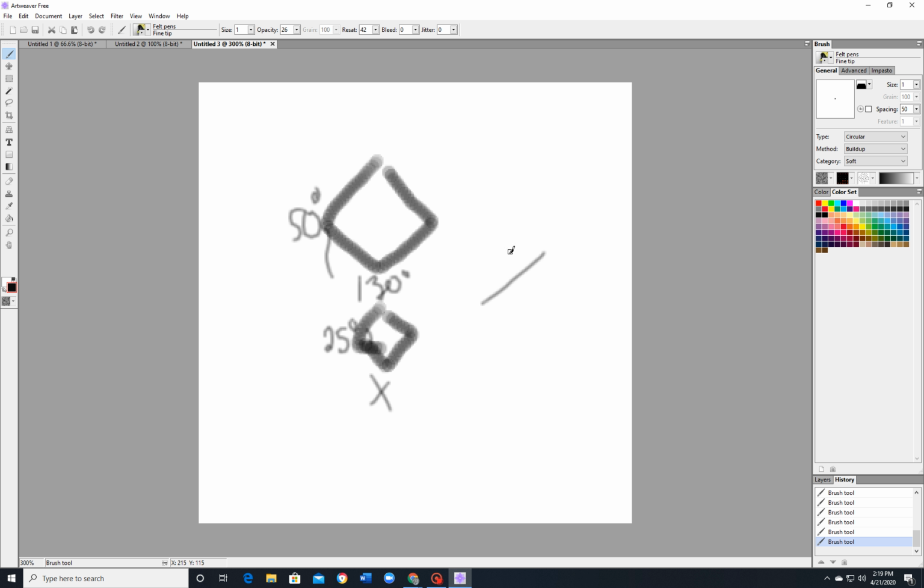So then we would have to do 130 divided by 2, which would then equal a total of 65. So this angle right here is equal to 65.